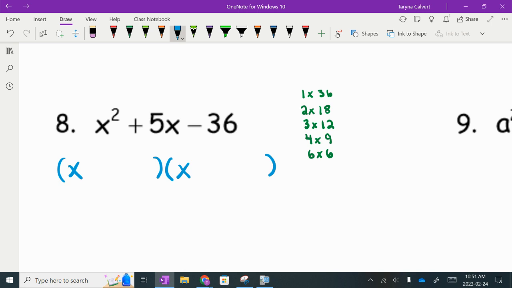What are you guys using for 36? Perfect.